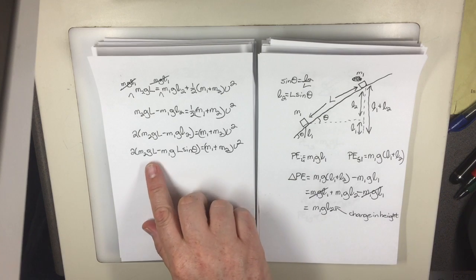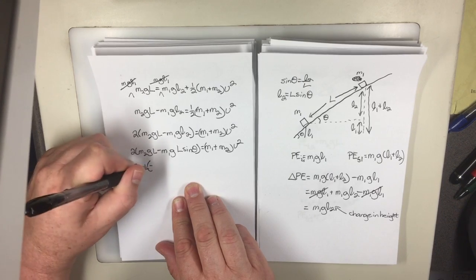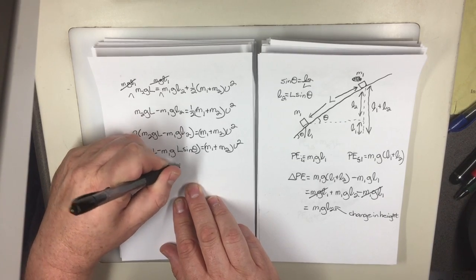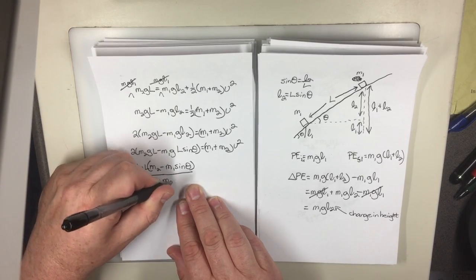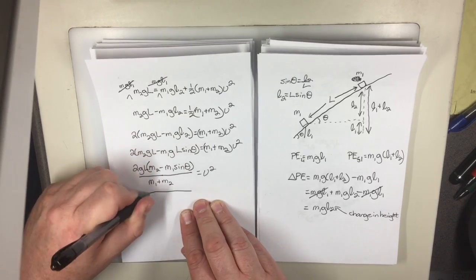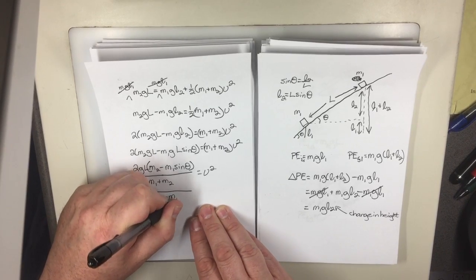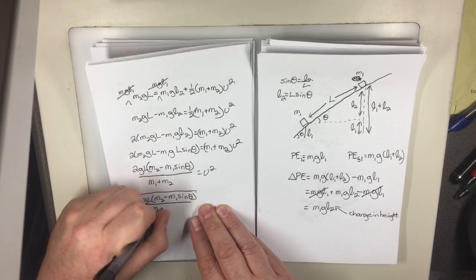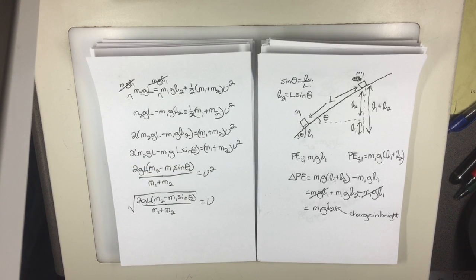Solve for V. There's a common factor of gL in both of these, so V is equal to the square root of 2gL(M2 minus M1 sine theta) divided by (M1 plus M2). And so that's how you solve it. Now it's just plug and chug.